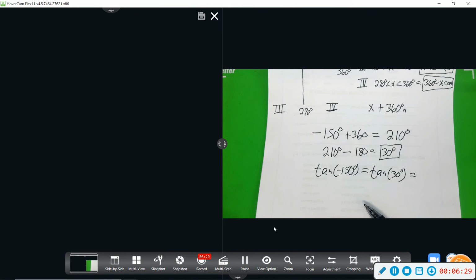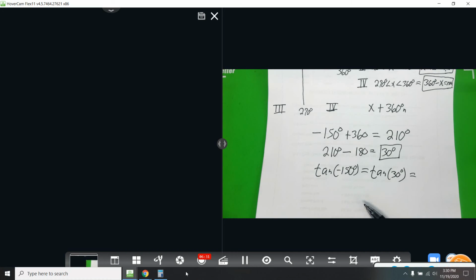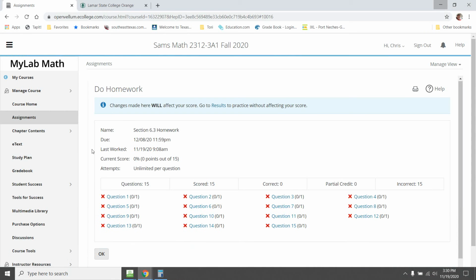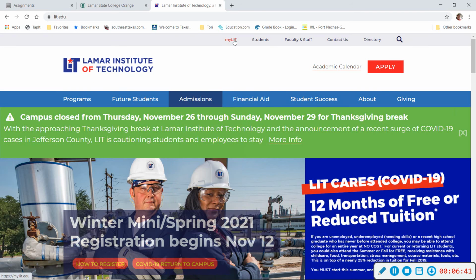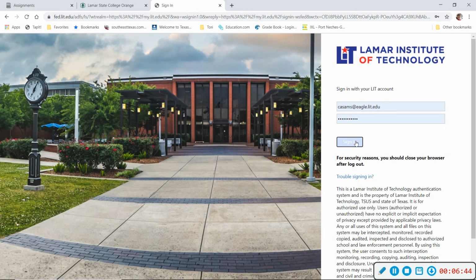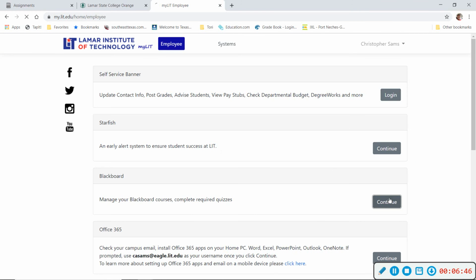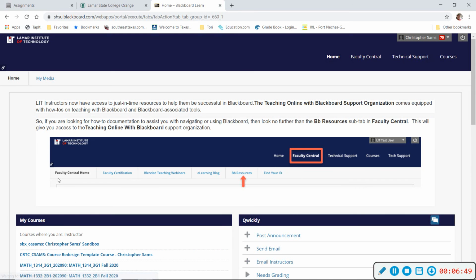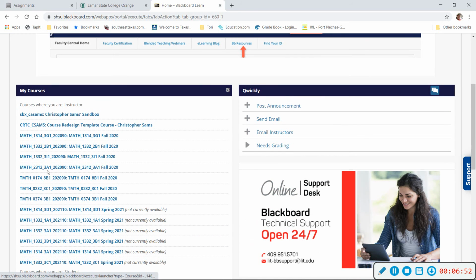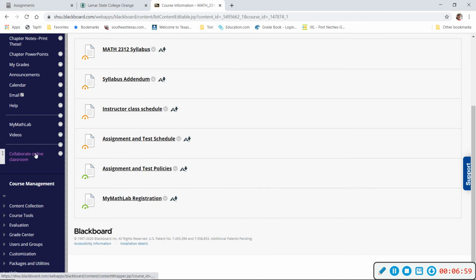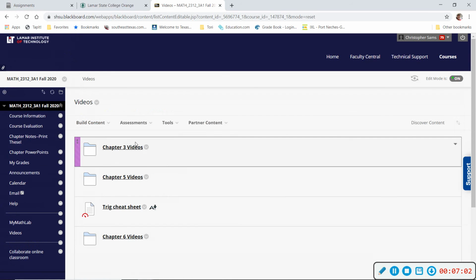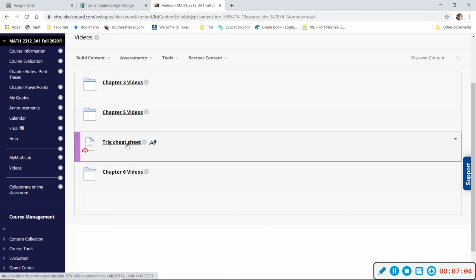So let me pull up the unit circle to go all the way back in, just to show you where this is coming from. So in our course, in the videos folder, we have a Trig cheat sheet.